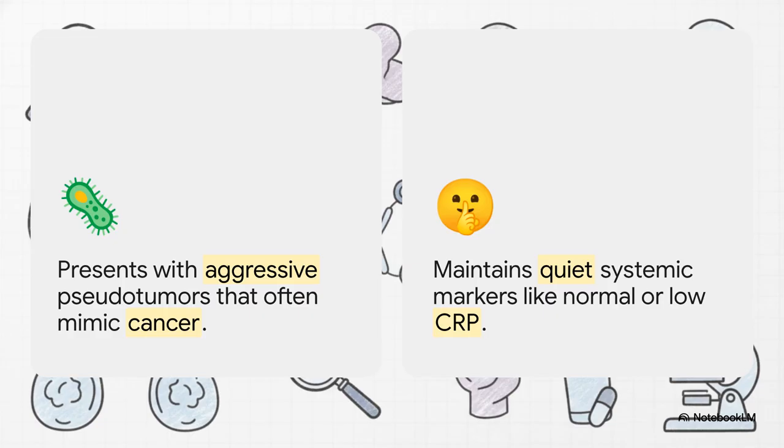And you know those high C-reactive protein or CRP elevations you'd expect to see with such intense inflammation? You generally won't find them here. So you've got this aggressively destructive mass paired with a shockingly quiet serologic profile for acute phase reactants. This silent pseudotumor vibe is exactly why clinicians mistakenly jump straight to a cancer diagnosis instead of thinking about an underlying autoimmune or inflammatory process.